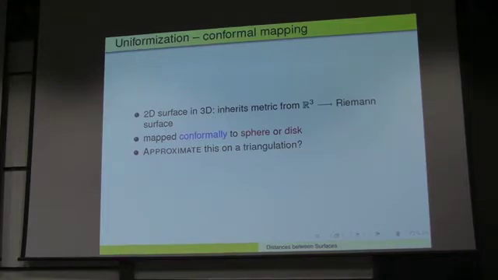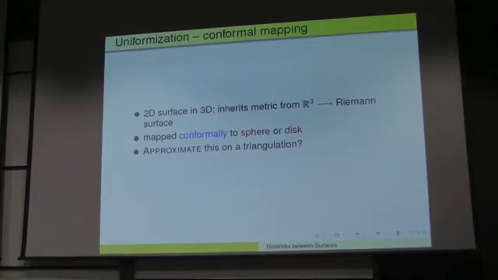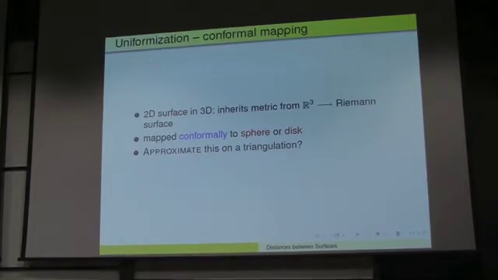What that means is that any curve gets mapped to a curve, so that when two curves intersect, they will intersect with the same angle after you have flattened it. And we have to do all this computationally. I mean, we're going to have to discretize the whole surface, and we'll have to work with this computationally.